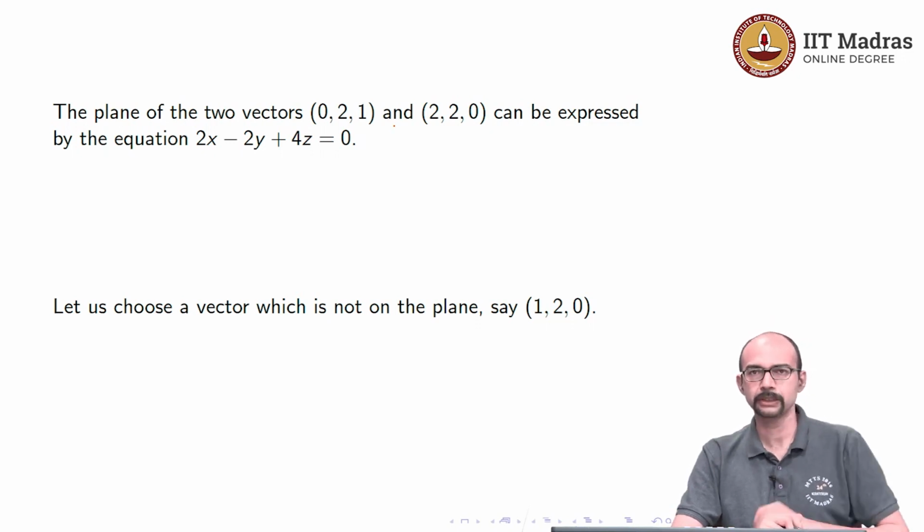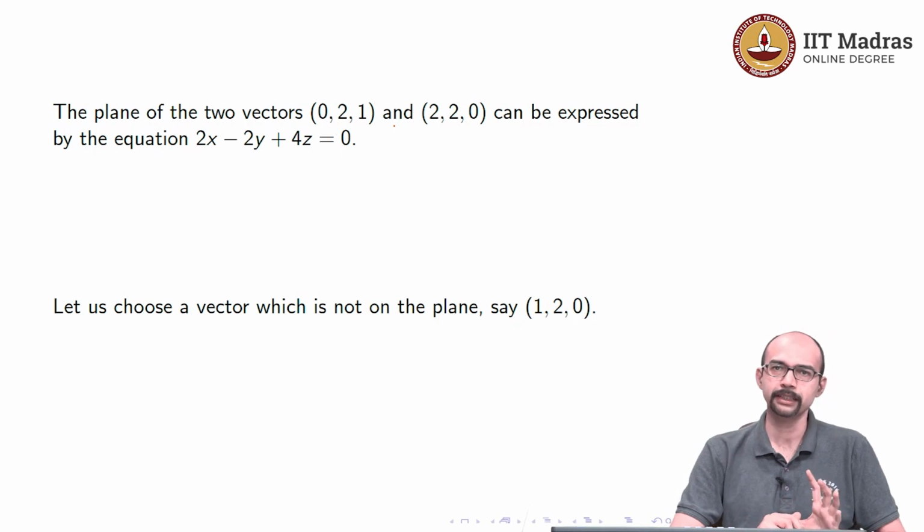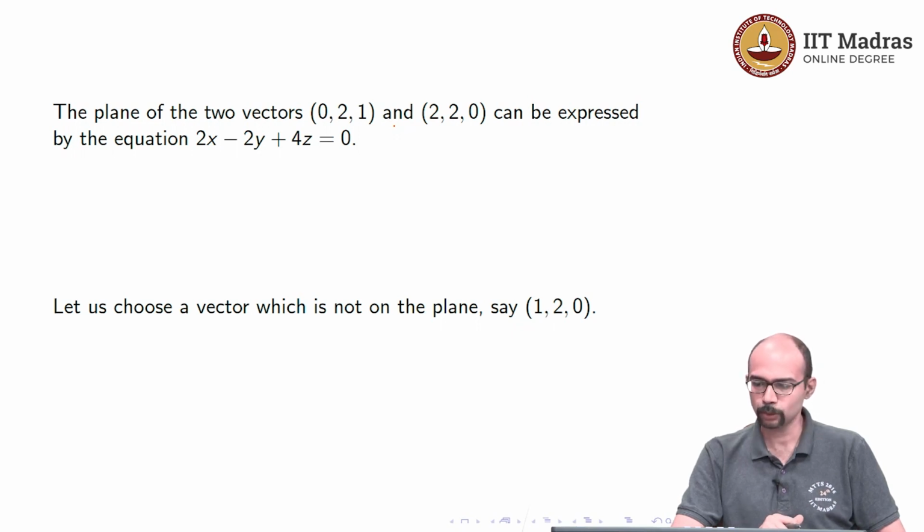Okay, so the geometry is somehow converting to this observation that if you take these 3 vectors, you can write 0 as a linear combination in a non-trivial way, meaning with non-zero coefficients. Okay, so suppose we now choose a point or a vector which is not on the plane, say 1, 2, 0. So 1, 2, 0 is not on the plane.